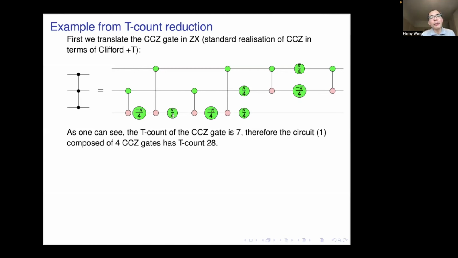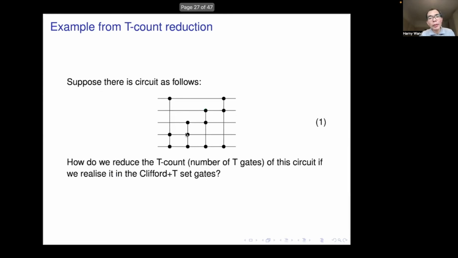If you draw the circuit in a ZX diagram using Clifford plus T, for each CCZ gate you will find 1, 2, 3, 4, 5, 6, 7 T gates. Minus pi by 4 and pi by 4 are both counted as T gates.